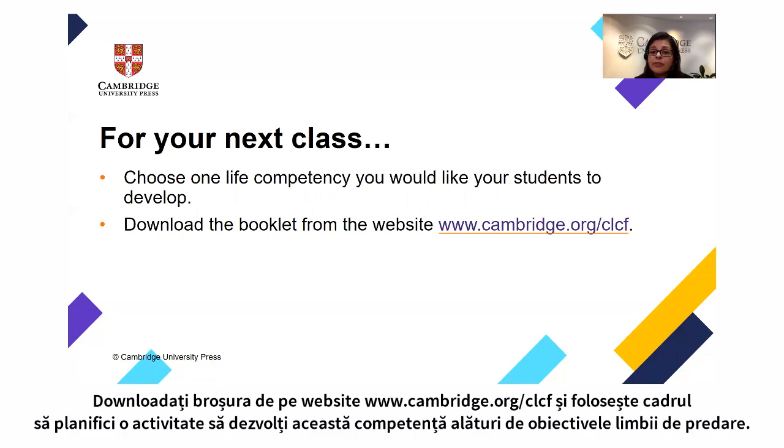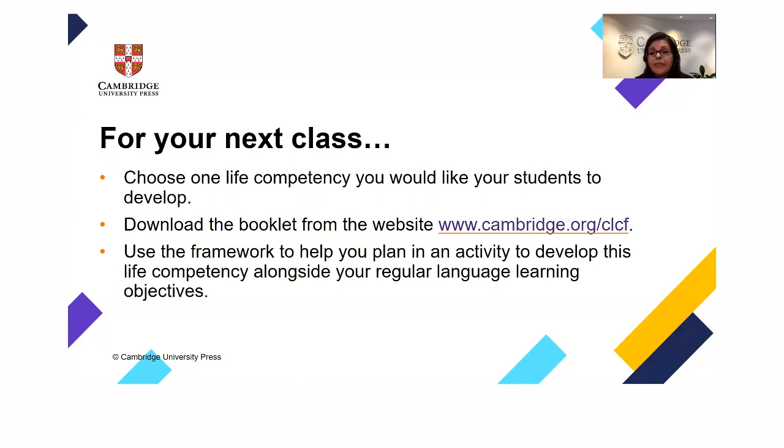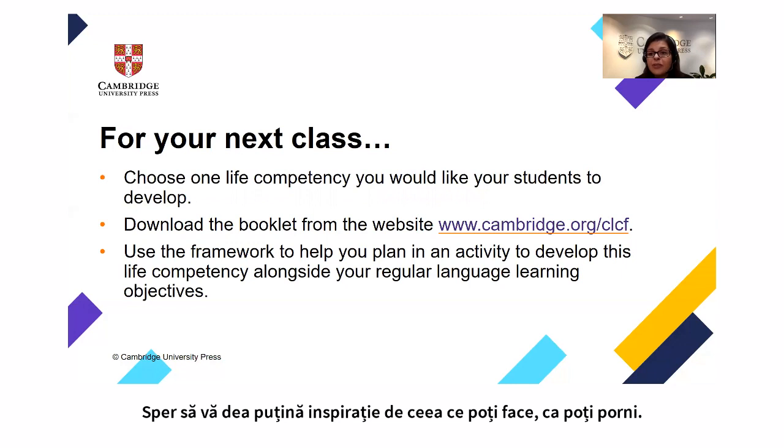Download that booklet from the website, so the cambridge.org CLCF, and use the framework to help you plan in an activity to develop this life competency alongside your regular language learning objectives. So hopefully that will give you a little flavour of what you can do, and will get you started on this.